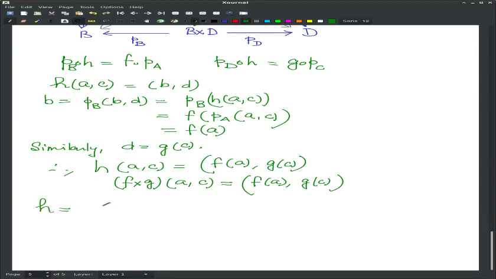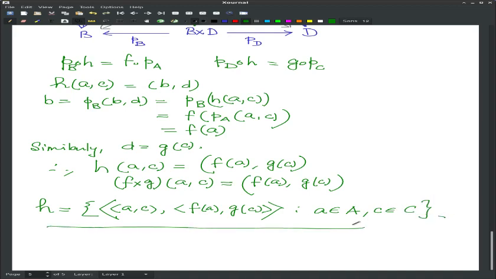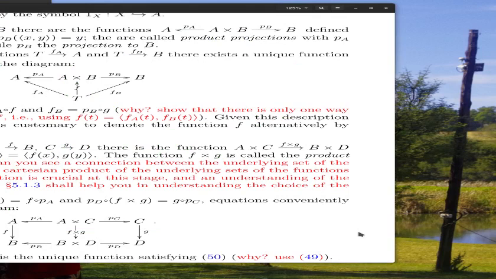So actually what you have given me is (A, C) and (FA, GC), this ordered pair. This is your H, formally speaking. Now I want to see whether you can see this as some kind of a Cartesian product and so on and so forth.